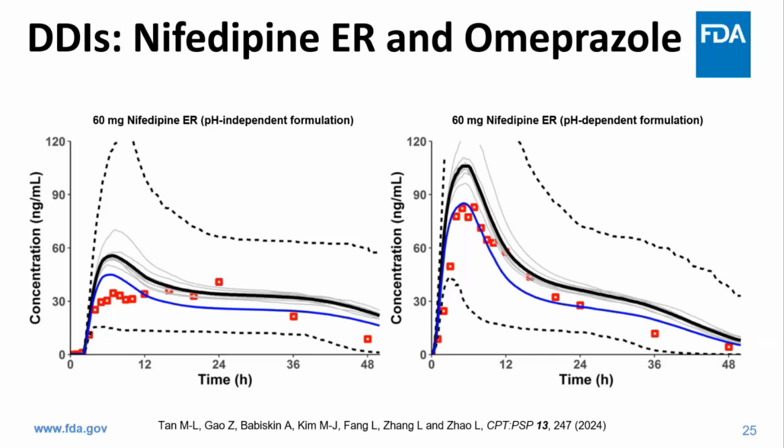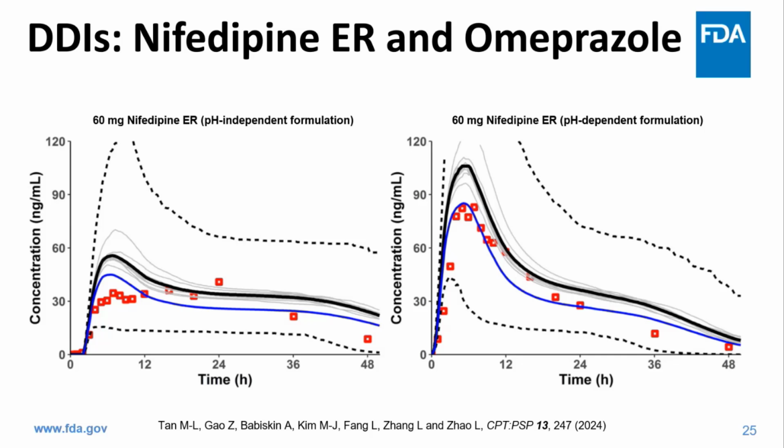So here, the solid black line is the simulated mean value. Dotted lines are the 5th and the 95th percentiles, and the green lines are for the different trials.